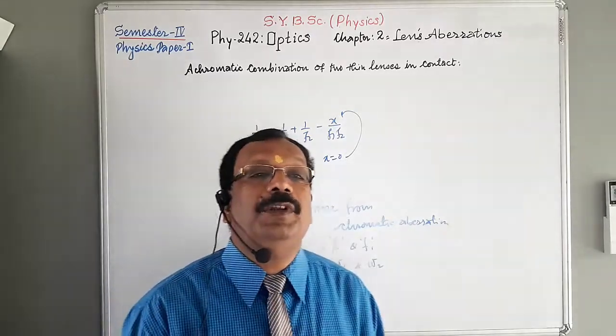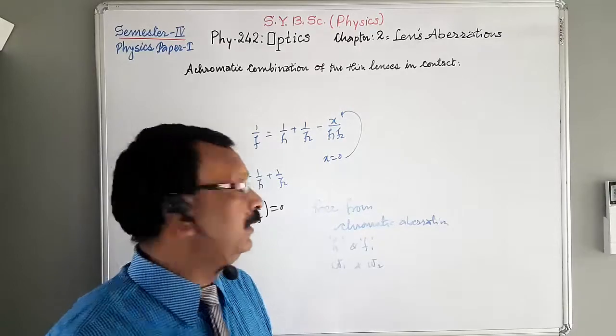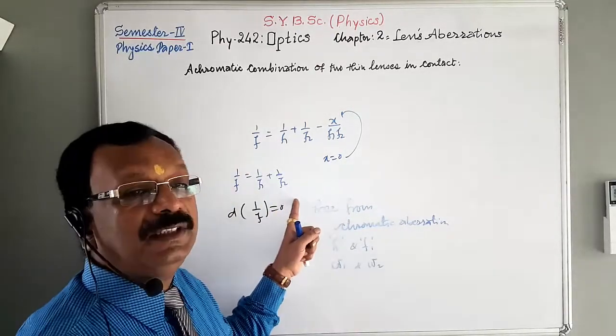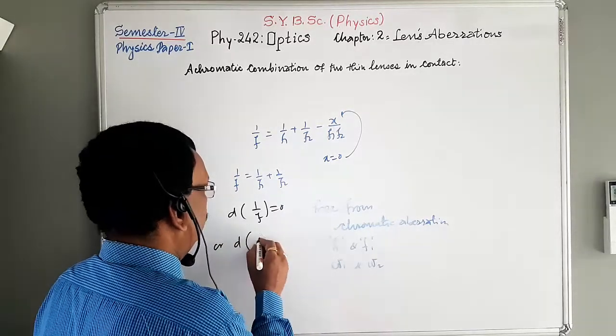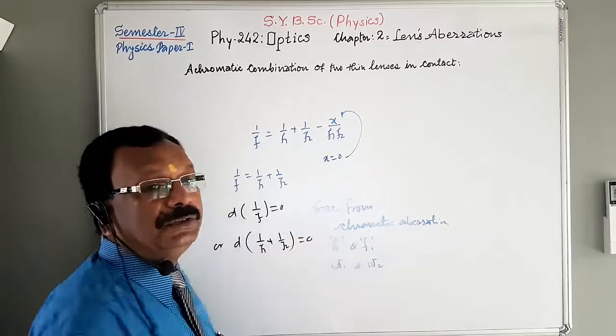For the combination to be achromatic, the focal length for different colors must be the same, meaning there is no difference in the focal length. So d of (1/f1 + 1/f2) is equal to 0.